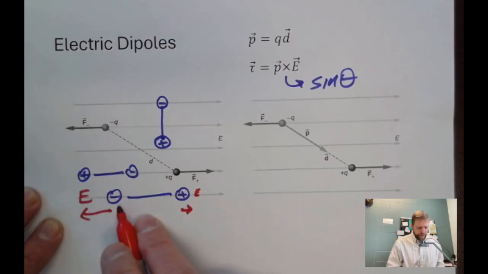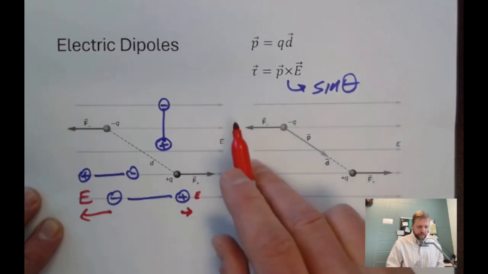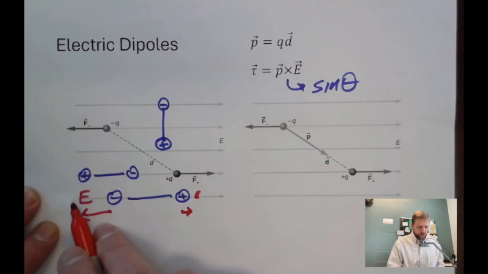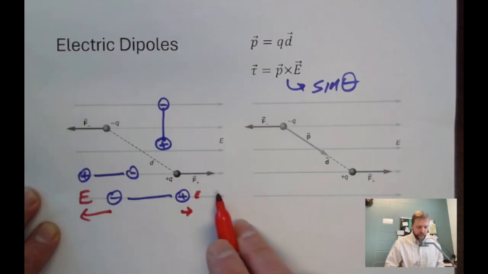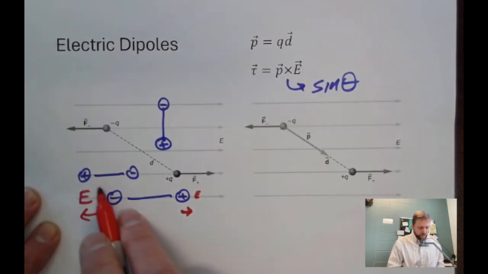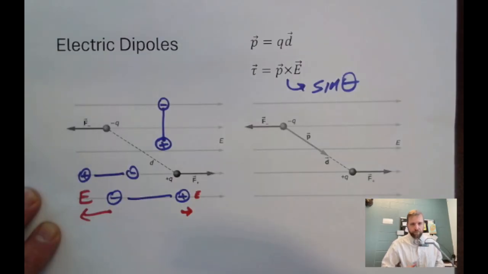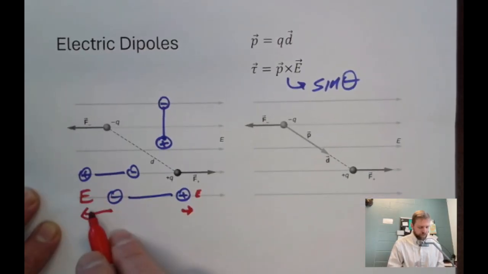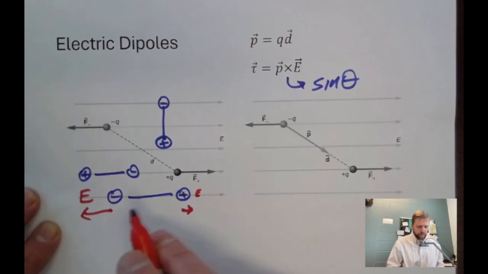Okay, and then if the electric field is constant, then it just sits there. But if the electric field strength is changing, then it's going to move toward the stronger electric field, right? So if it's stronger in this direction, it's going to experience a net force in that direction, and vice versa.